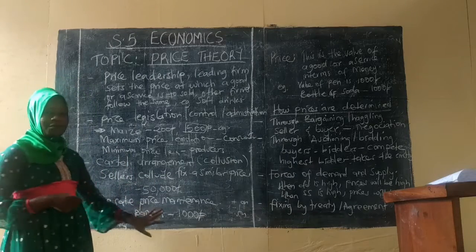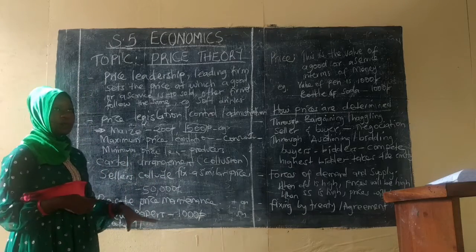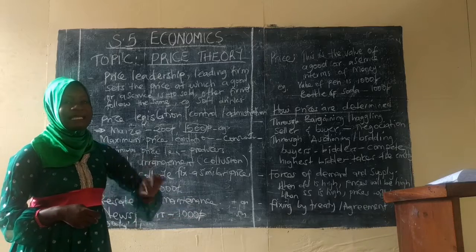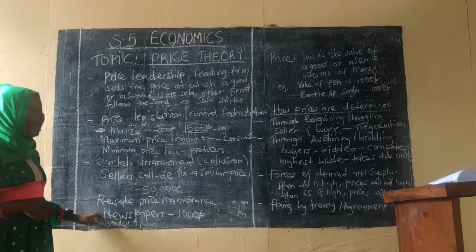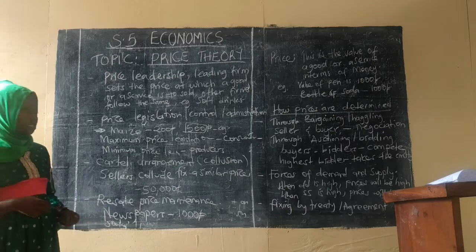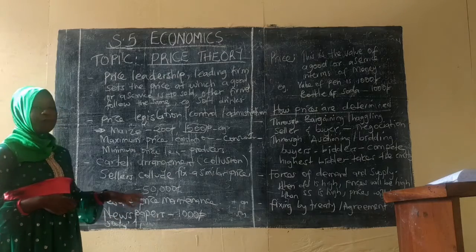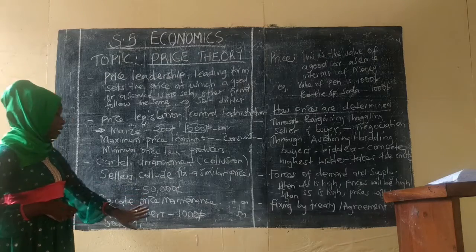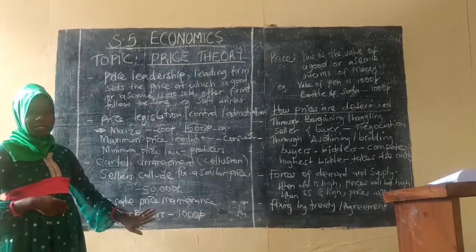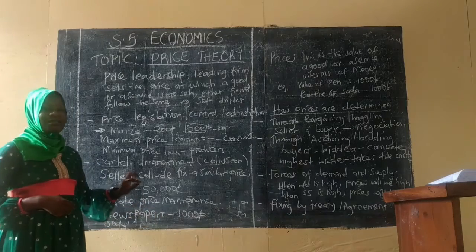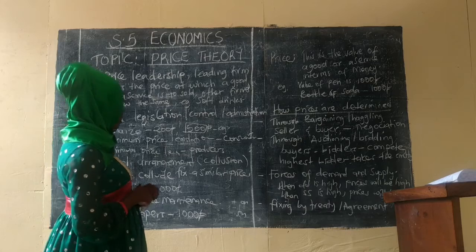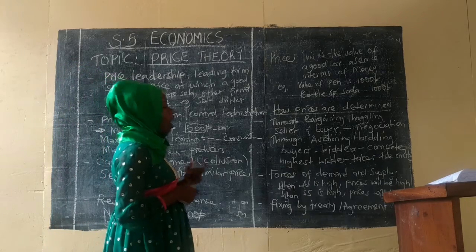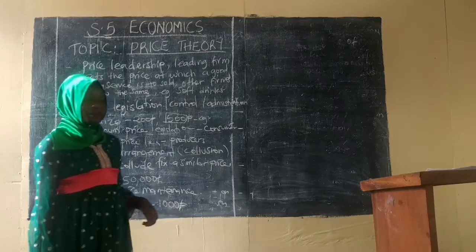We have resale price maintenance. We are looking at manufacturers fixing the price of the commodity on the item to be sold. These items come when the prices are already labeled. So this same price is the price that is supposed to be sold to the final consumers. So that is how prices are determined.